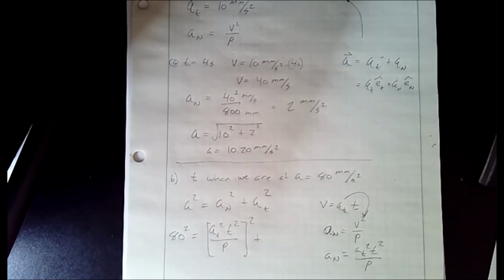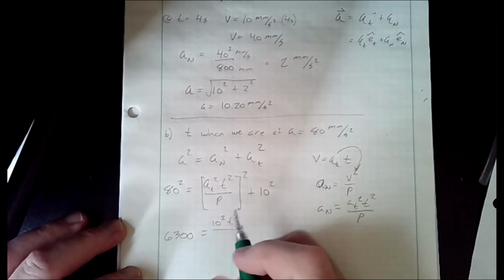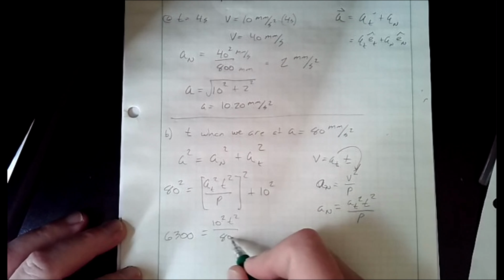If we do 6,300, that's that, and then we substitute in this value here, a tangential 10 squared times t squared all over rho, which was 800. And then we square all that, and that's 6,200 because we moved that to the other side, and then we solve for that, break that down, we end up with basically 6,300.